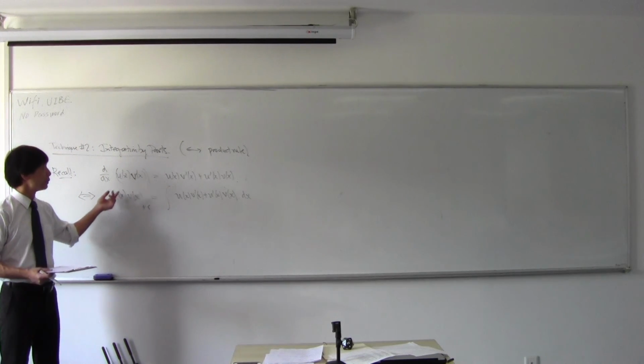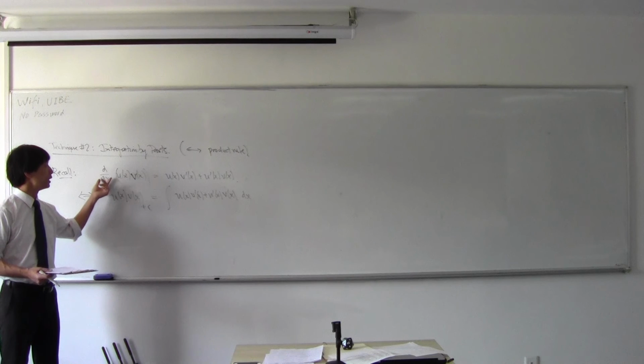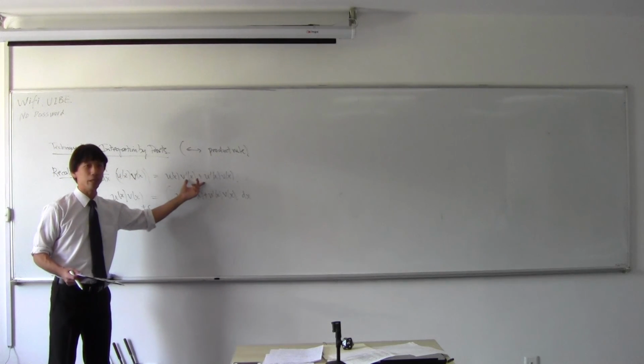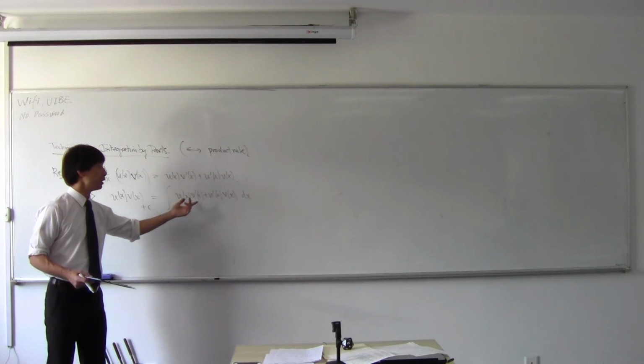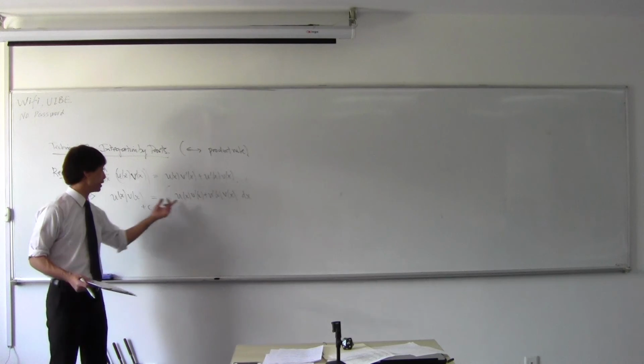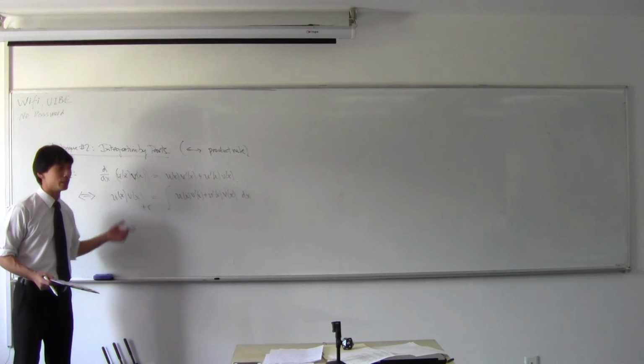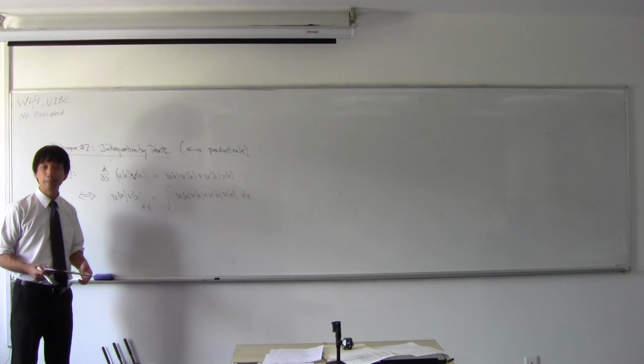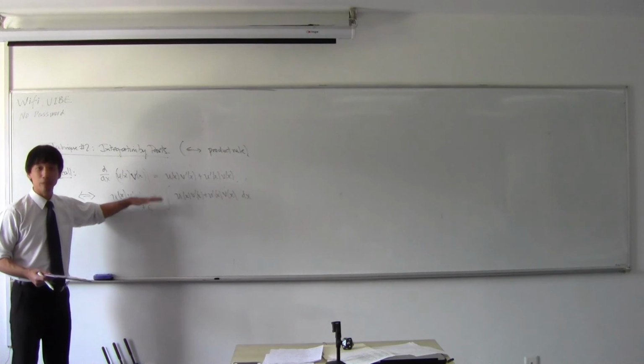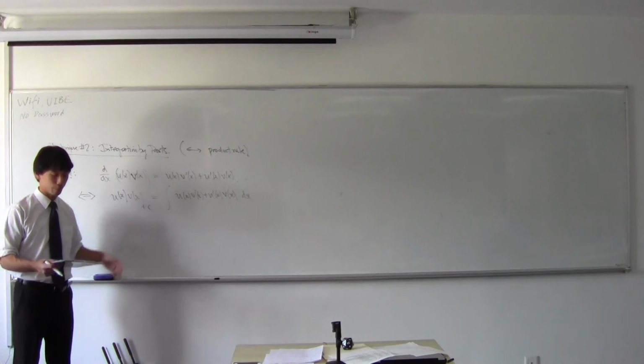I'm just saying the same thing. The derivative of the left side is the right side. In other words, the antiderivative of the right side is the left side. So I'm just saying the same thing twice. Is that clear?